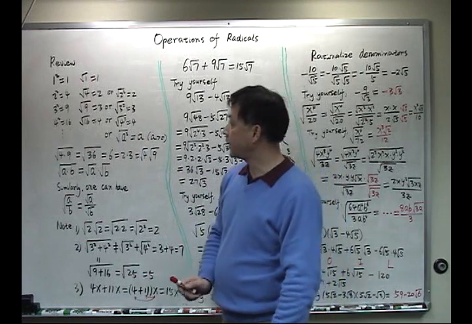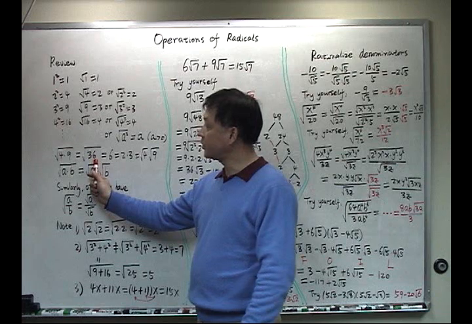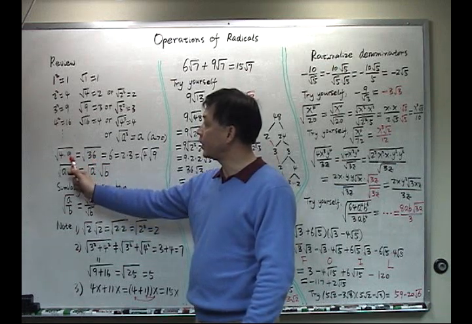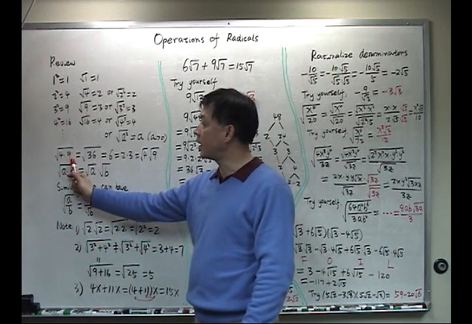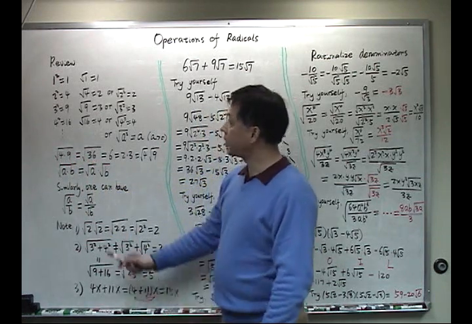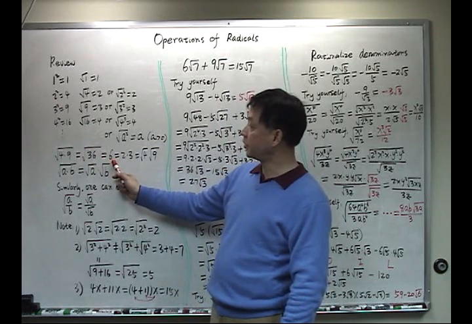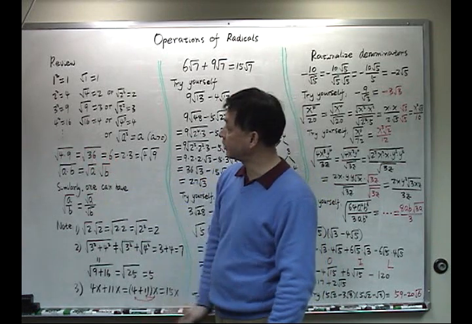The second thing is that radical 36 is actually radical of 4 times 9, because 4 times 9 is 36. But you know radical 36 is 6 because 6 squared is 36.